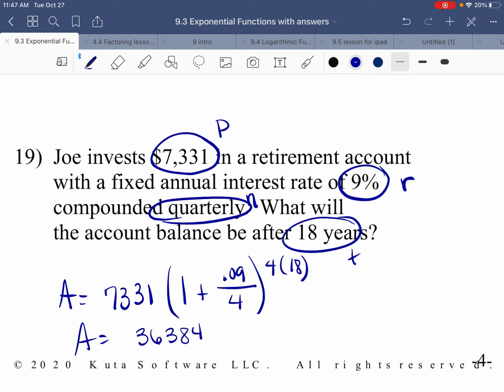So after 18 years, he's going to get $36,000. Wow. That's a large chunk just by putting your money in the bank.